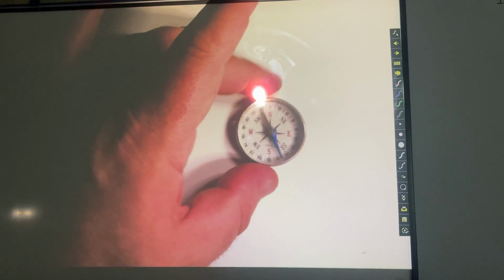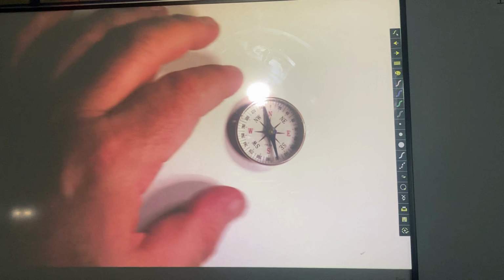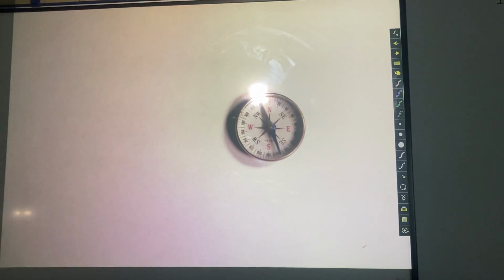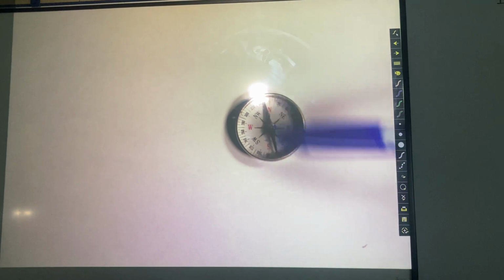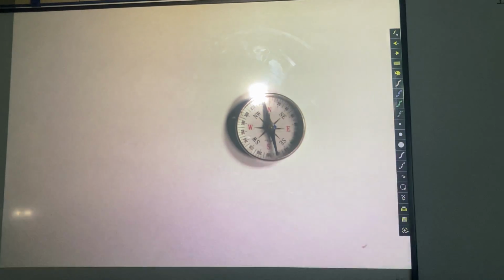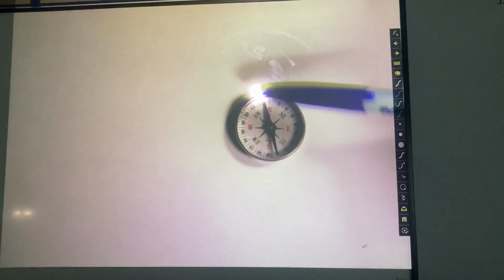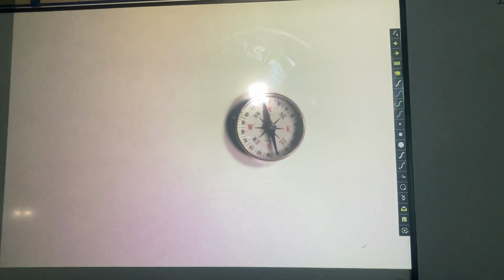Now, here I have a compass. The compass needle is slightly magnetic. The Earth produces a magnetic field, and the compass needle lines up with the magnetic field of the Earth.